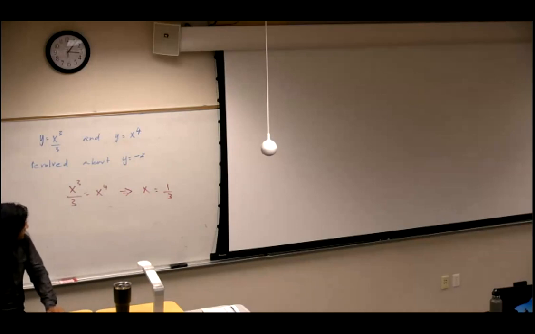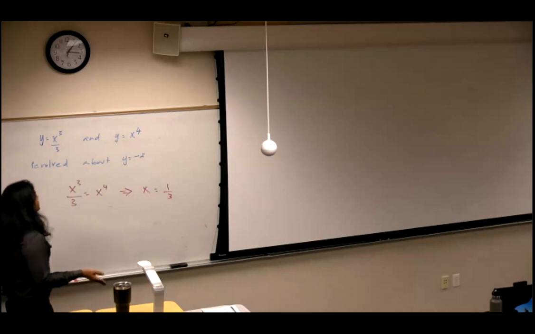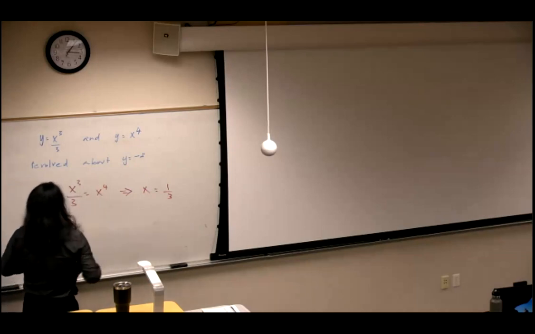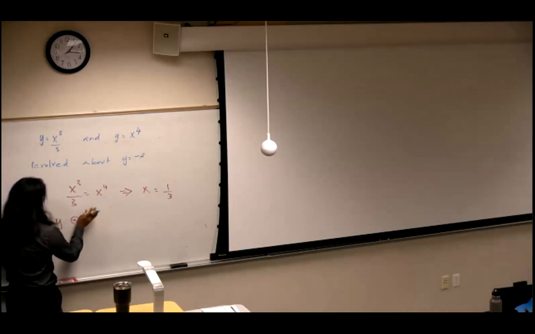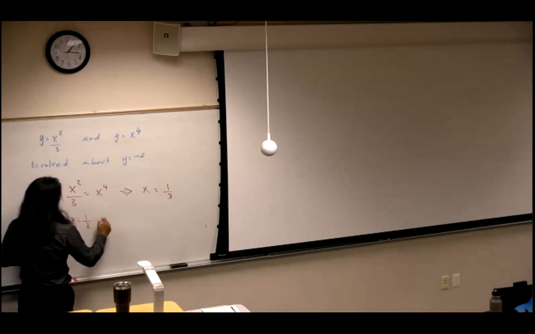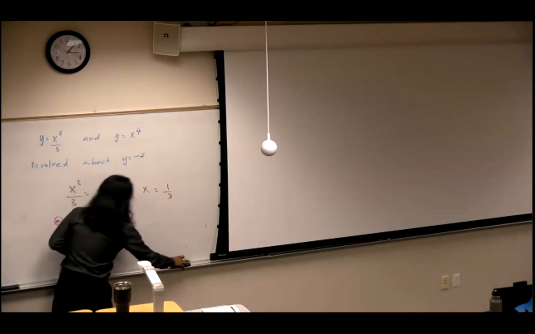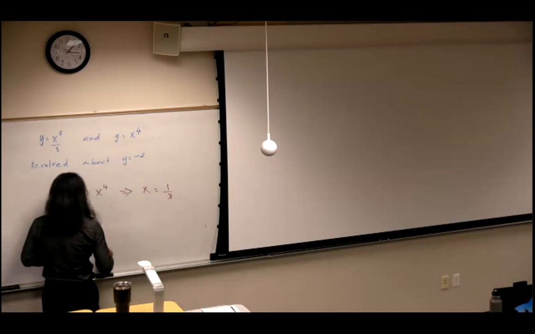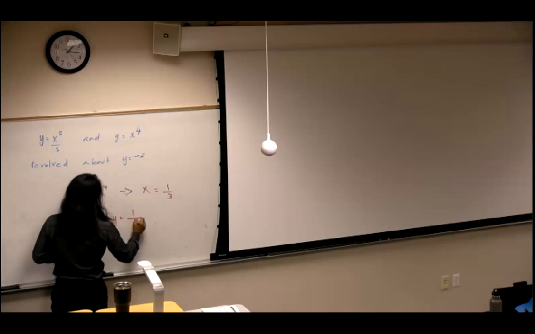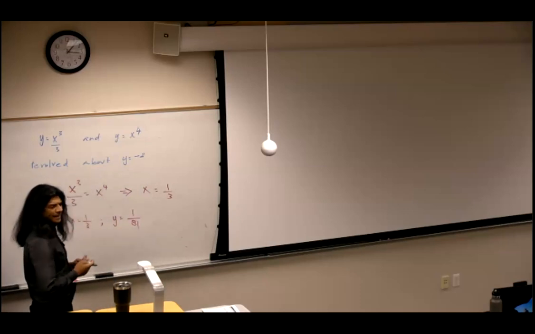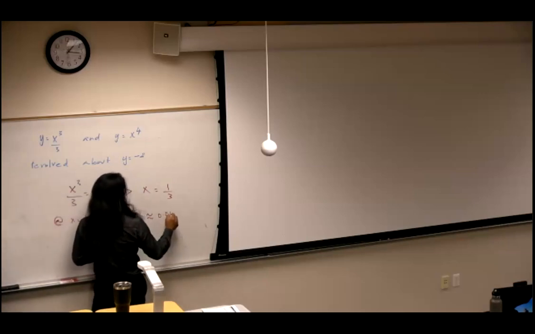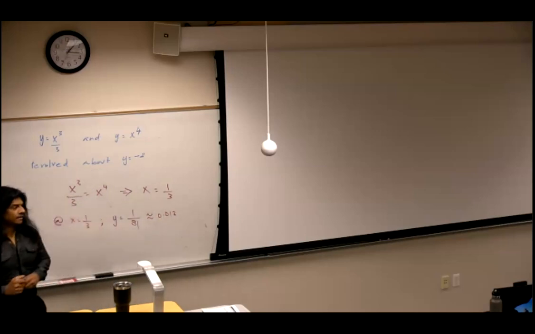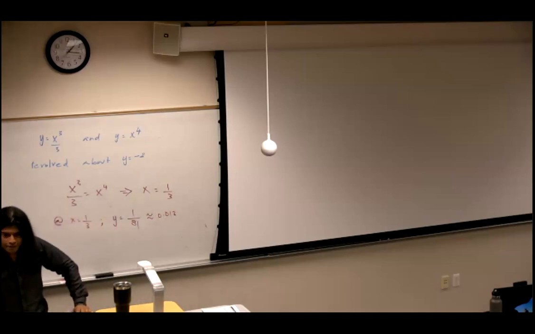And the point of intersection is 1/3, and if you put it in the calculator, the corresponding value of y, (1/81), is approximately 0.013. It is a very small number.